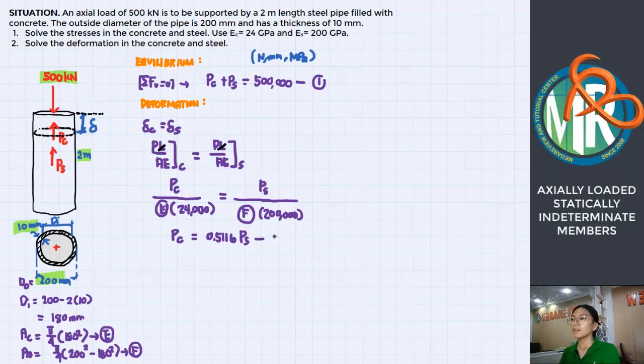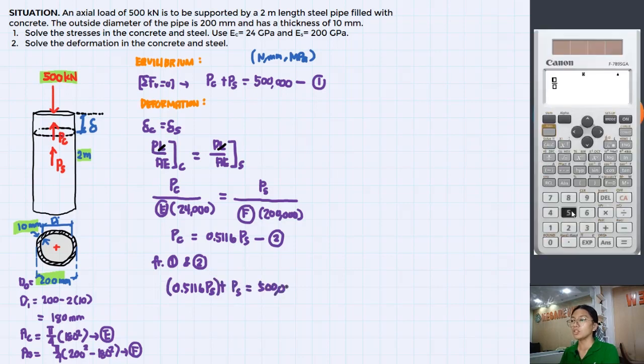And from here, you now have your second equation. You have two unknowns and you already have two equations, so masasolve mo na yung problem na to. From equation 1 and equation 2, substitute lang natin yung equation ng PC mula sa 2. That would be 0.5116 of PS plus PS equals 500,000 Newton.